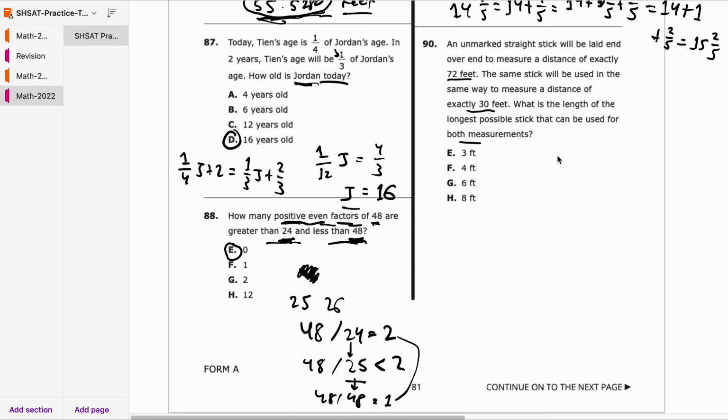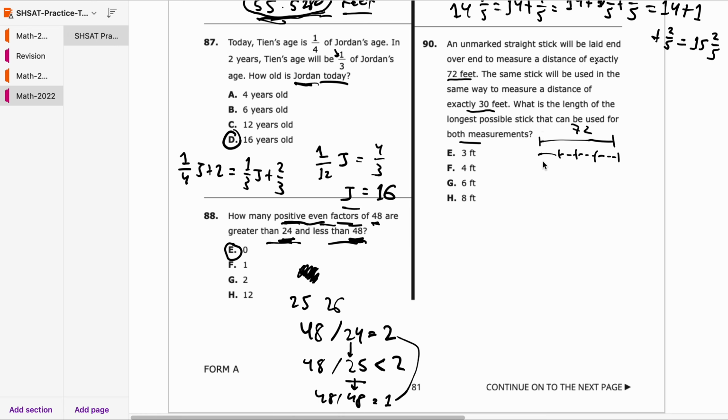Okay, so basically, if we have a stick and we're measuring 72 feet, right? So we're taking this stick and moving it to here, and then to here, and then to here, and we measure 72 feet this way, right?